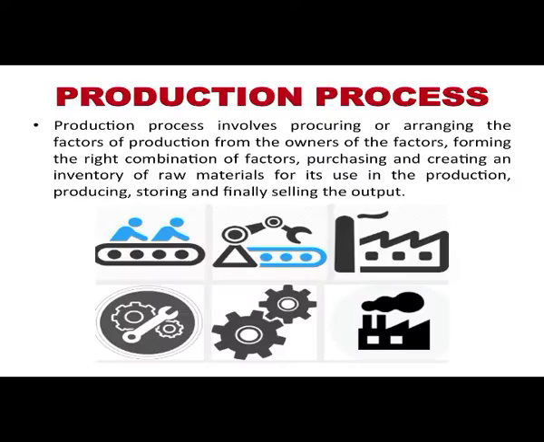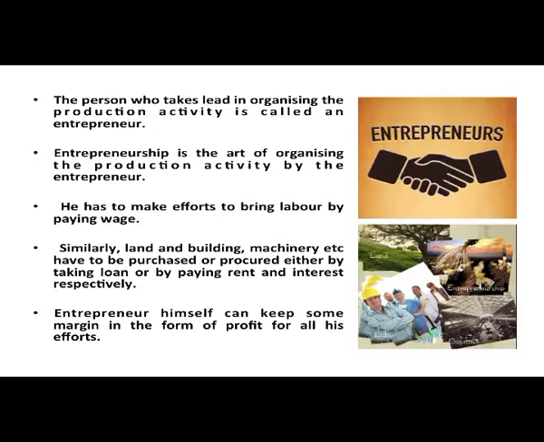Production process involves procuring or arranging the factors of production from the owners of the factors, forming the right combination of factors, purchasing and creating an inventory of raw materials for its use in the production, producing, storing, and finally selling the output. Somebody should take lead in organizing the production activity. The person who takes such lead is called an entrepreneur.